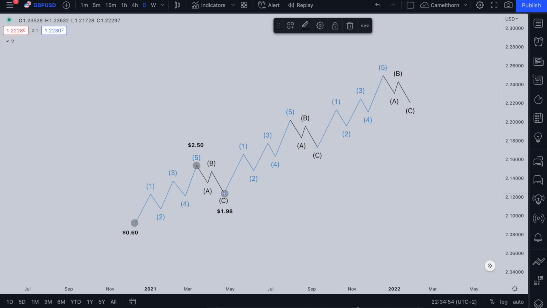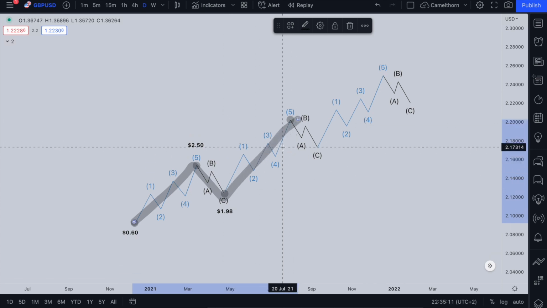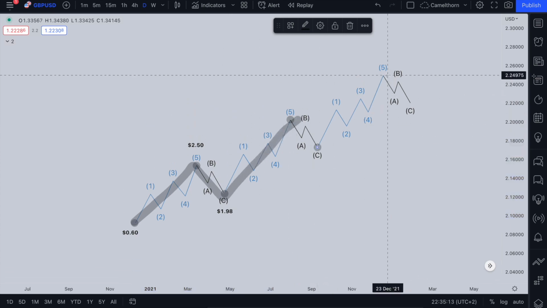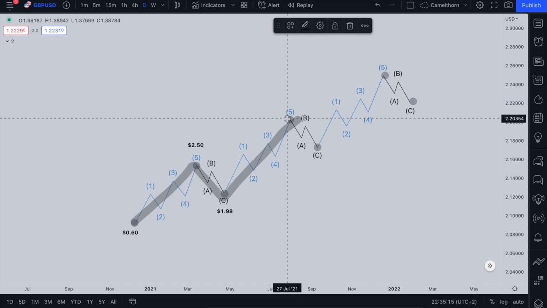Okay, now if we continue with that analogy, we can see that we have a new high that would be obviously up here at the end of the next impulse. Okay, and once we join those swing points, we can see that we have essentially now created external structure.